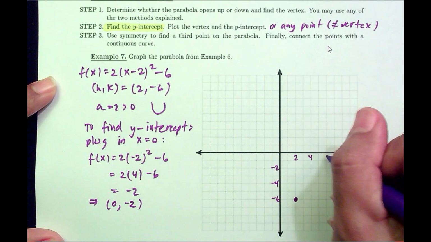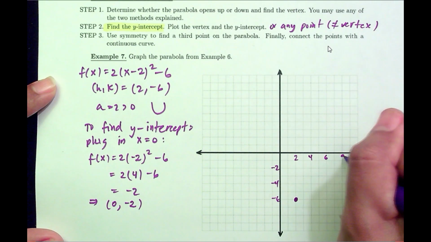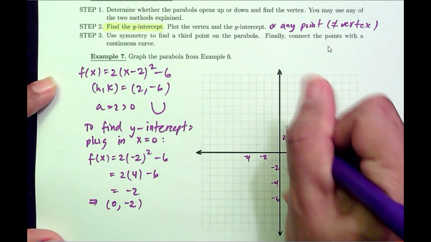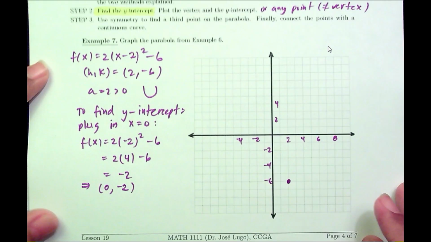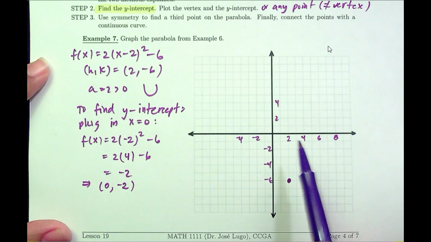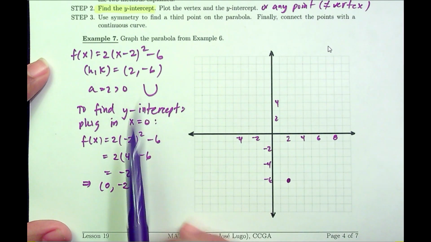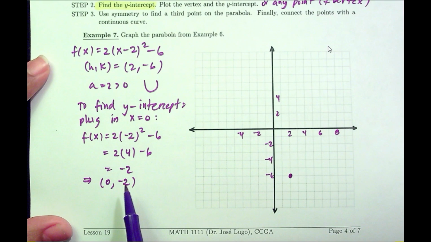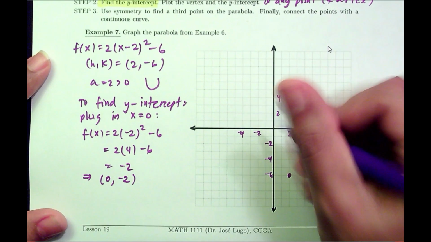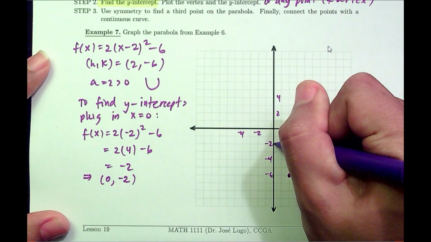This is 4, this is 6, this is 8. So (2, -6), that's the vertex. Keep in mind that it opens up. Now plug in any other point, which I chose the y-intercept, so that's (0, -2). (0, -2) is right here.